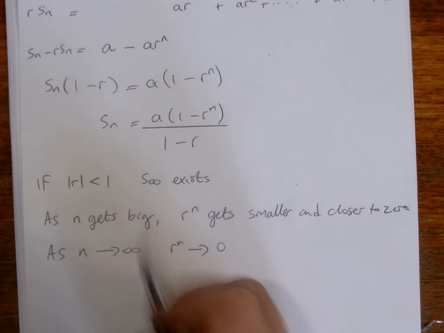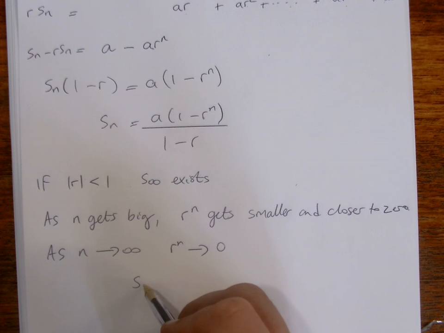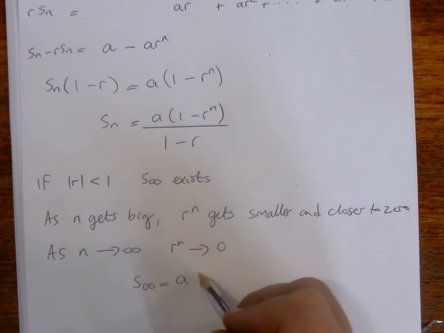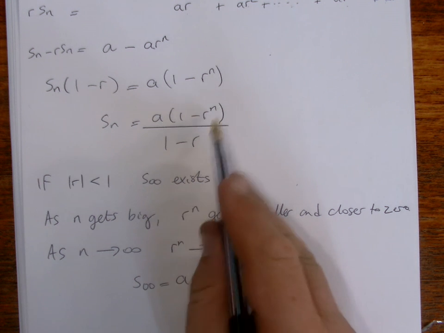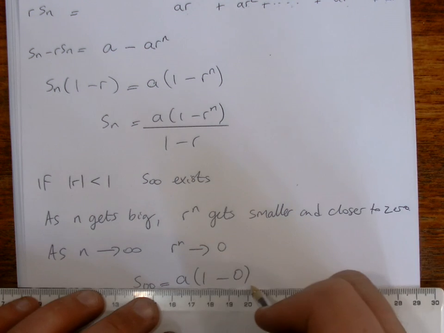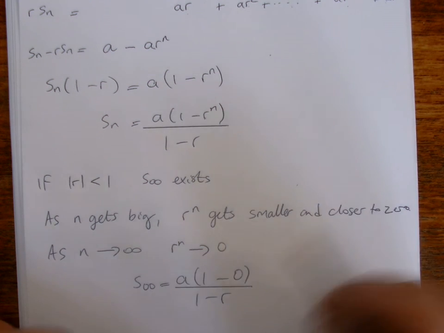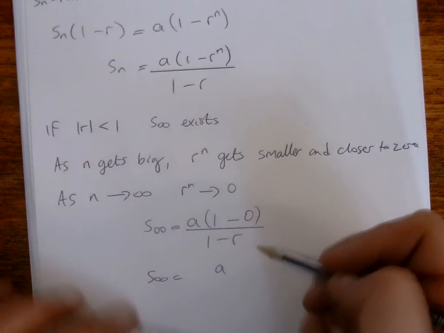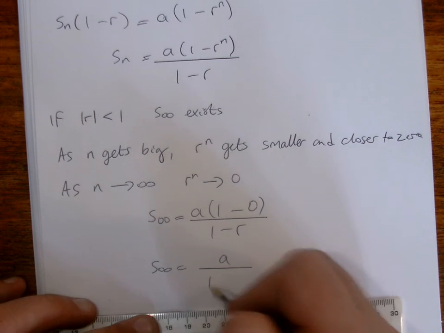So in other words, in our Sn formula, if n's going to infinity, we've got S infinity. A then, bracket, 1 minus, well, r to the power n is 0. On the bottom you've got 1 minus r. And then it just comes out, as we know it in the formula book, as A over 1 minus r.